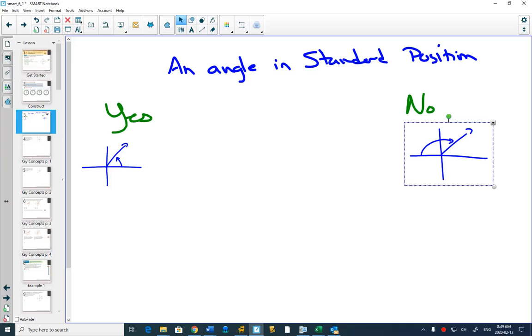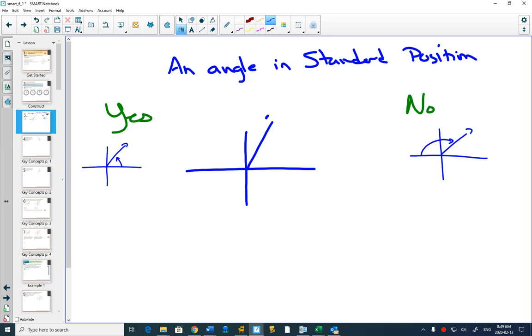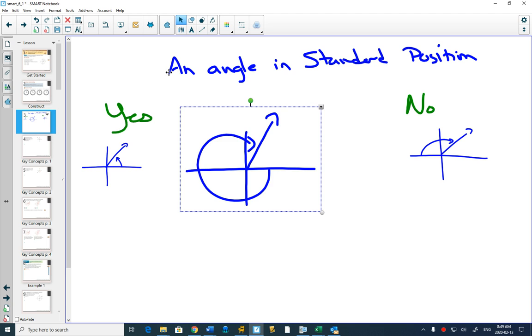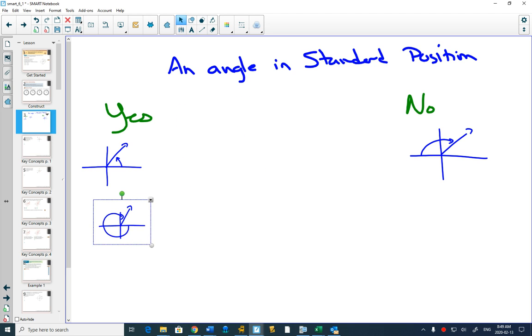Now, just giving you two examples isn't ever enough to really figure out what an angle in standard position is. Because after two examples, you go, oh, angles going one direction are standard position, angles going the other direction aren't. But then I go, well, what happens if I did this one going in the other direction? That is in standard position.